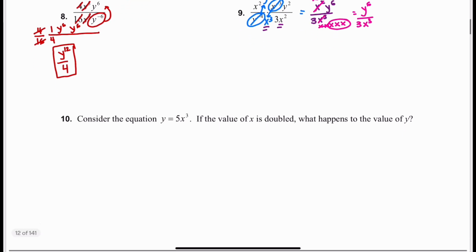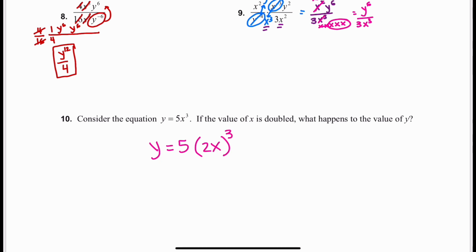Okay, consider the equation y equals 5x to the 3rd. If x doubles, what's going to happen to the value of y? So y is going to equal 5, but instead of x, we're going to put a 2x in here. But notice the x is to the 3rd power.